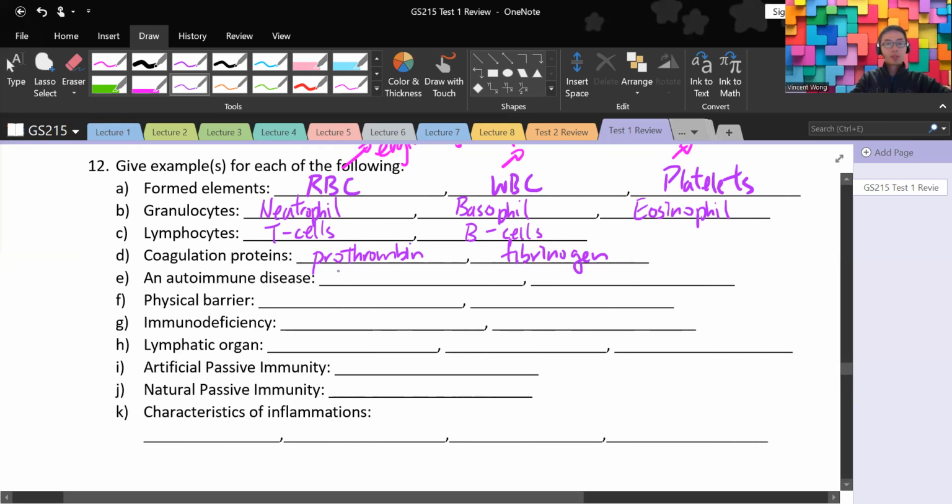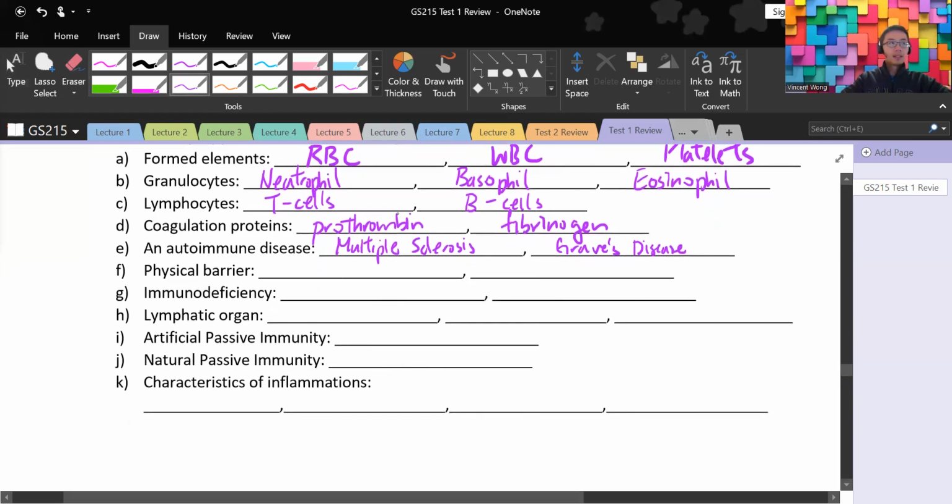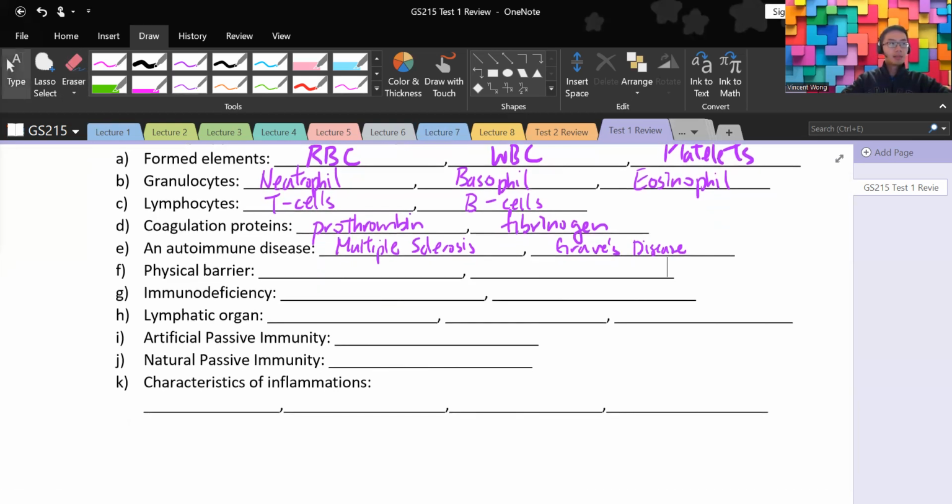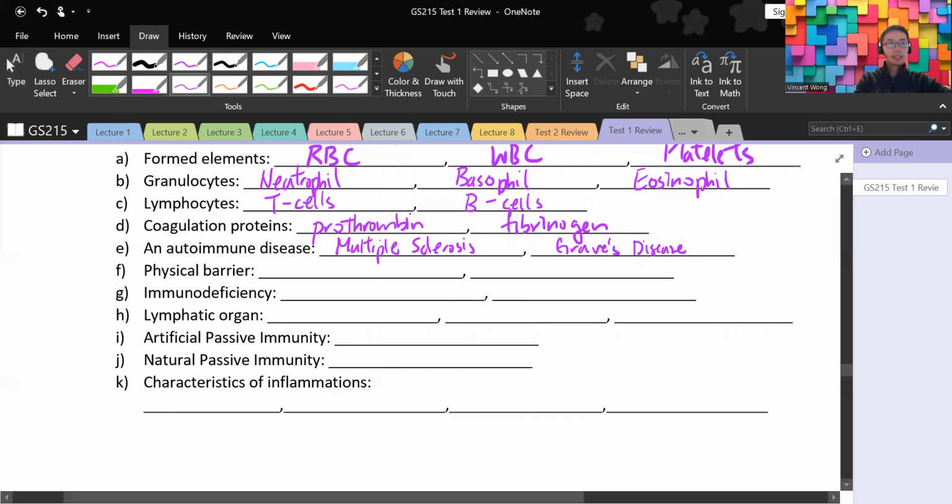So like multiple sclerosis, right? Yeah, Graves' disease, that's another one that was talked about in the lecture, when your white cells attack your thyroid. Yeah, lupus is another one, Ryan, very good. Not anemia. Anemia is caused by either not having enough red cells or not having enough hemoglobin.